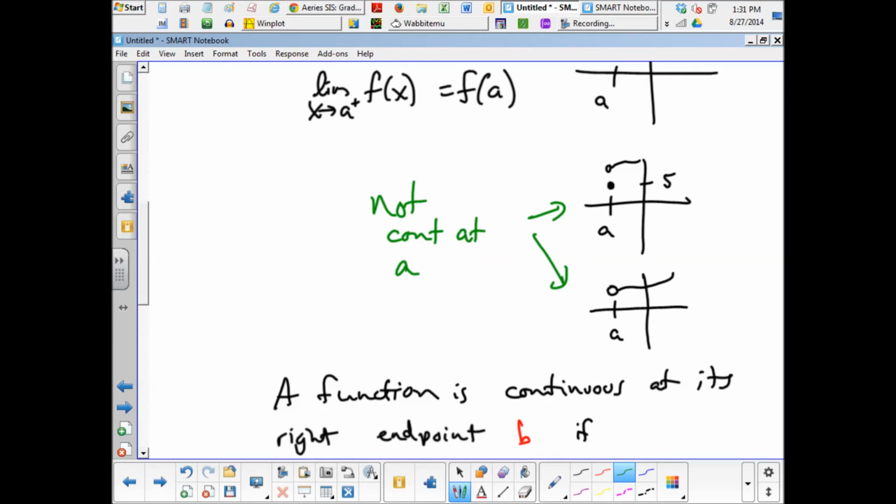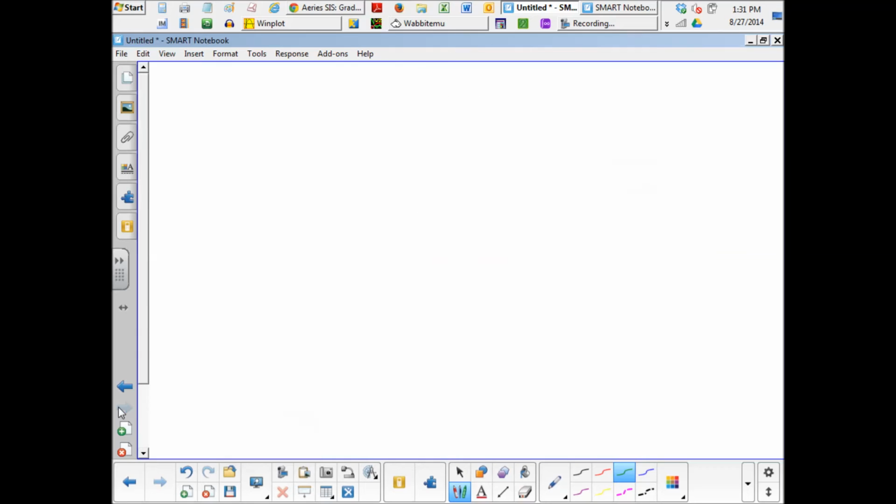Okay, now, what about this? Let's draw a picture of a graph. It's going to go from this point to this point, like that. So everybody draw that.